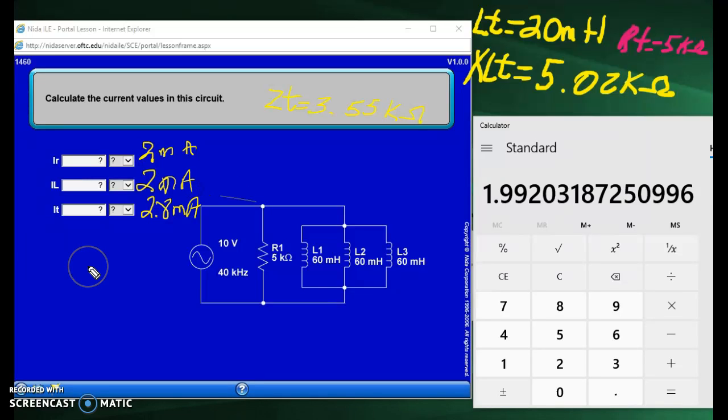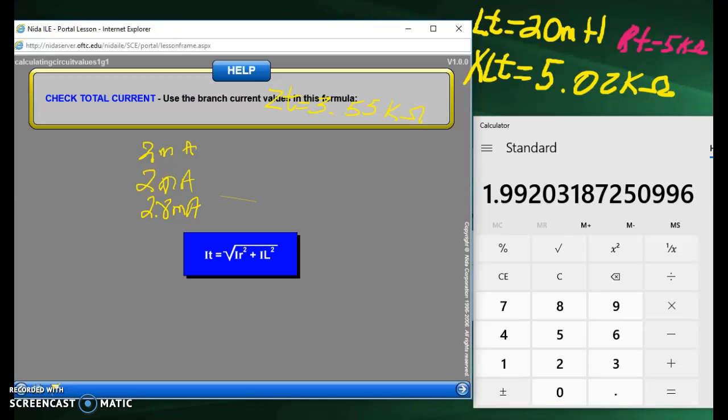And apologize for the scribble. But then there's one last formula we can apply, to get total current that it shows us here. And we're going to check it, and we're going to use that formula. So we know these first two are our IR and IL. So we're going to say just exactly what we see in this particular formula.